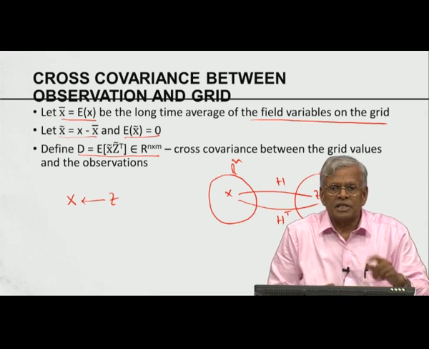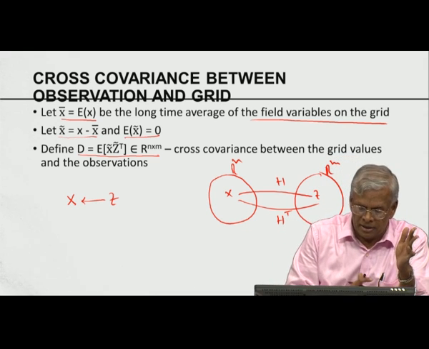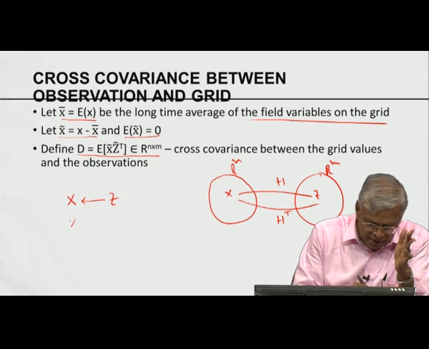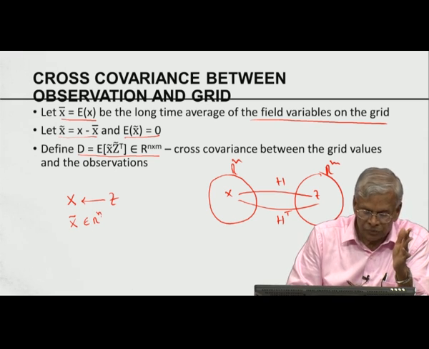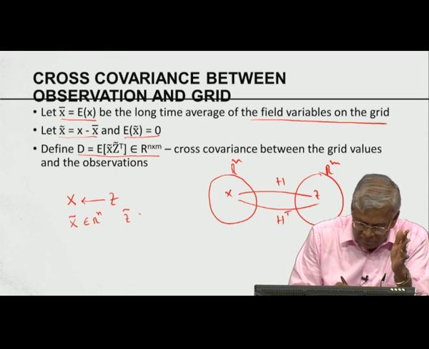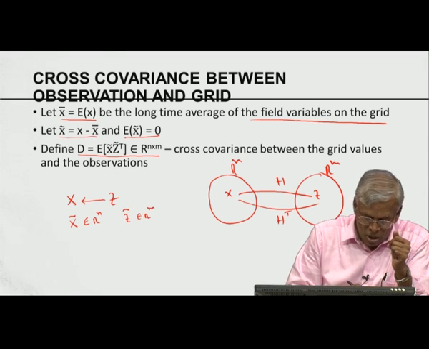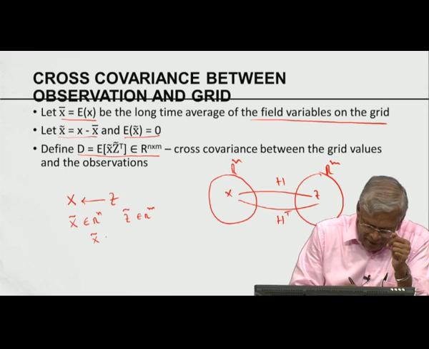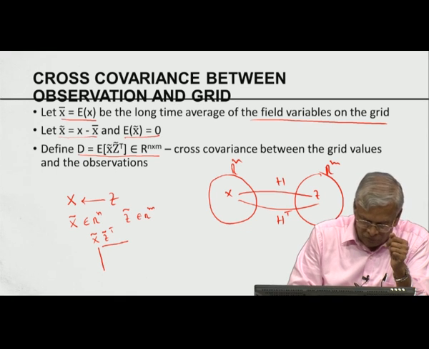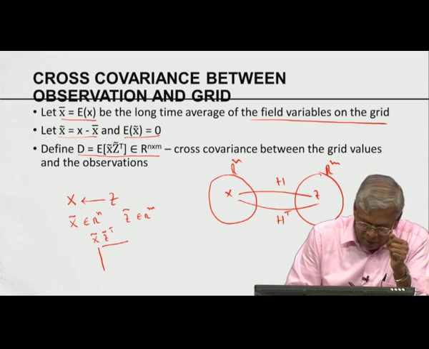So x tilde is the vector defined on the grid, belonging to Rn. Z tilde is a vector belonging to Rm. If I multiply x tilde by z tilde transpose, you can think of this as a column times a row, an outer product matrix.